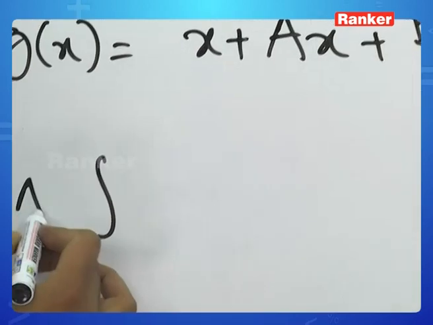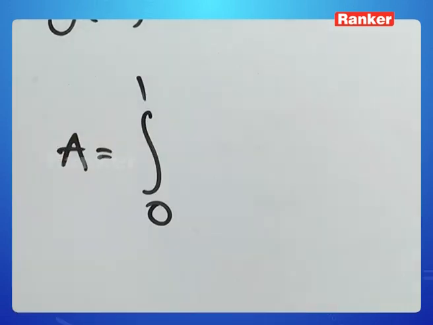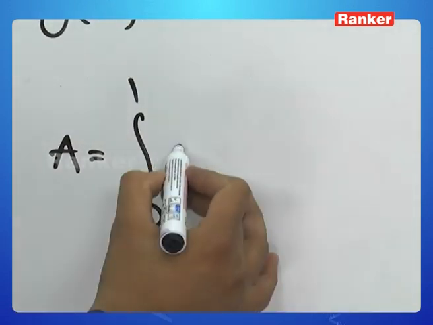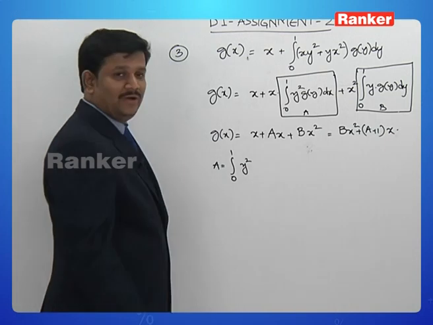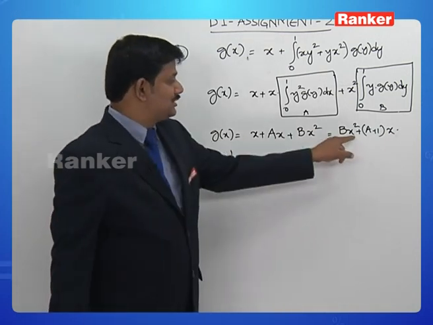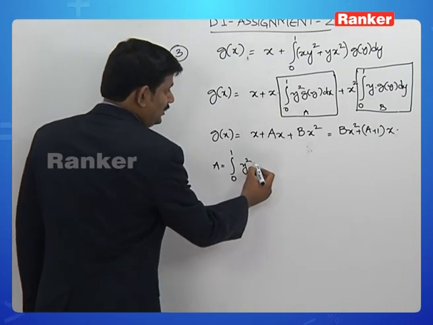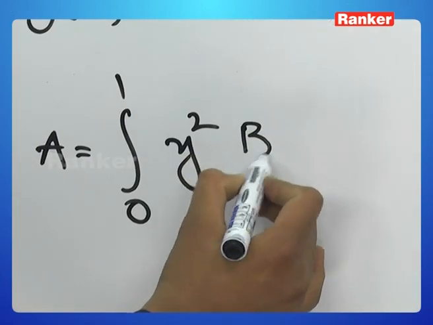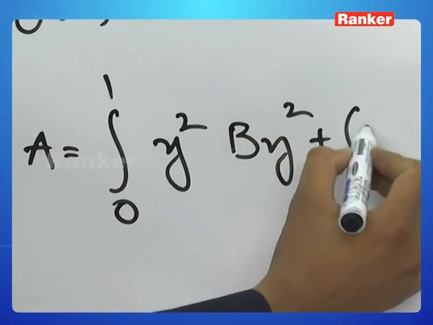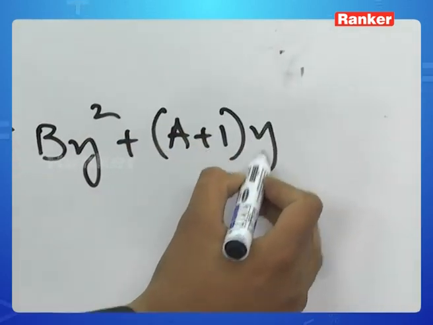Integral from 0 to 1 of y square into g of y. g of x is bx square plus a plus 1 into x, so g of y will be by square plus a plus 1 into y dy.